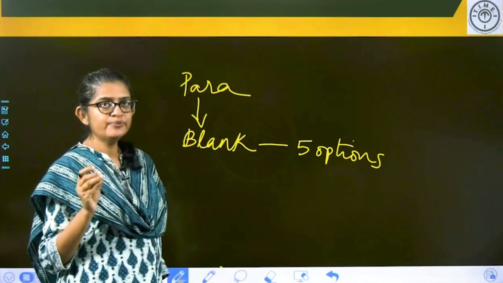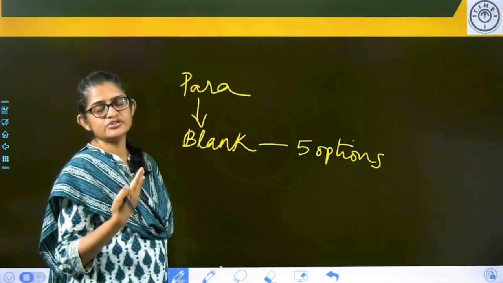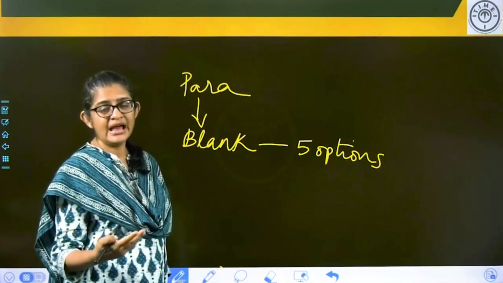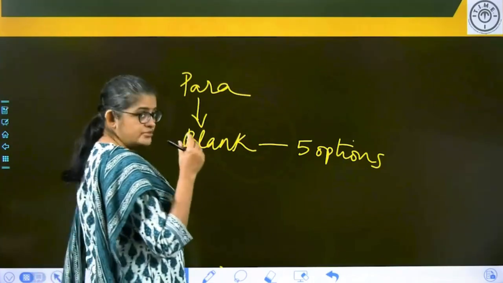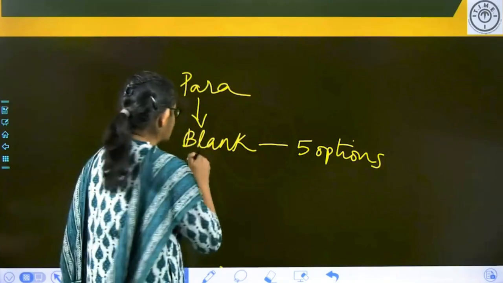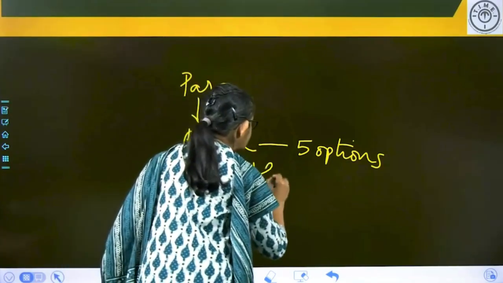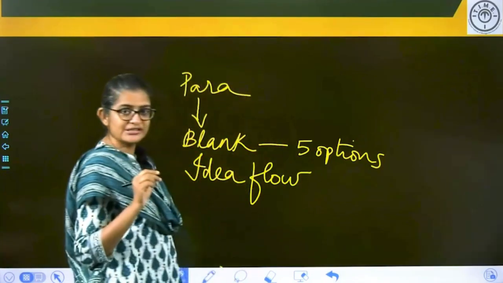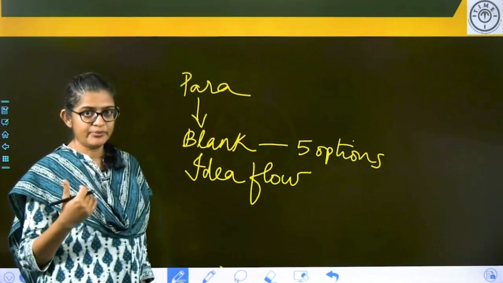So, what you need to do for this question, this is similar to para jumble and various other para based questions. What you need to do is understand the idea flow of the para. In all these short para based questions, understanding of the idea flow is very important.